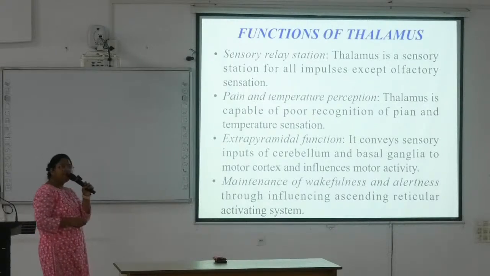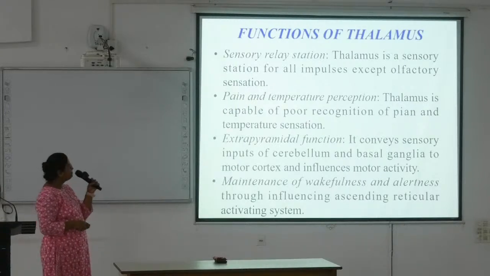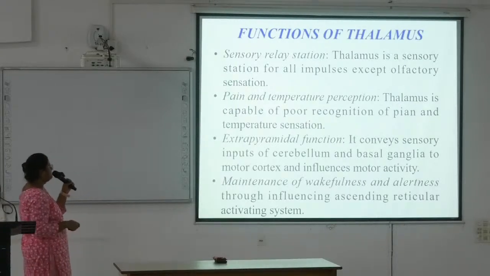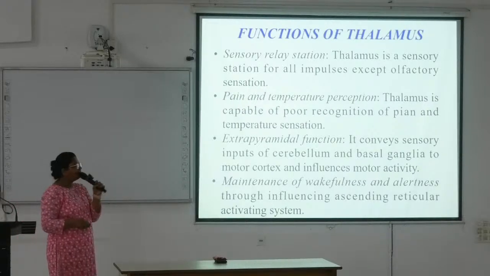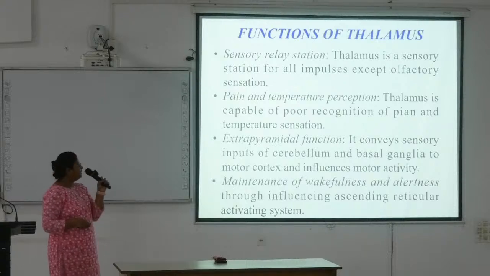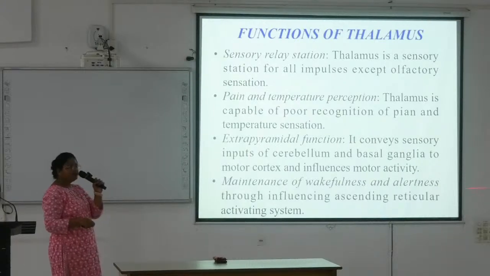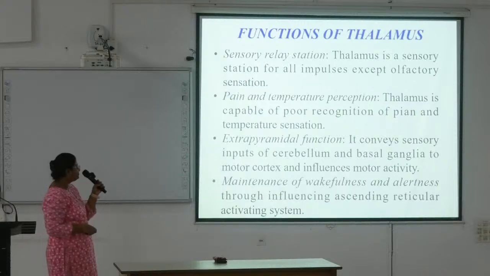Thalamus is capable of co-recognition of pain and temperature sensation. Next is extrapyramidal function. It conveys the sensory inputs of cerebellum and basal ganglia to the motor cortex and influences the motor activity. So this is extrapyramidal function.